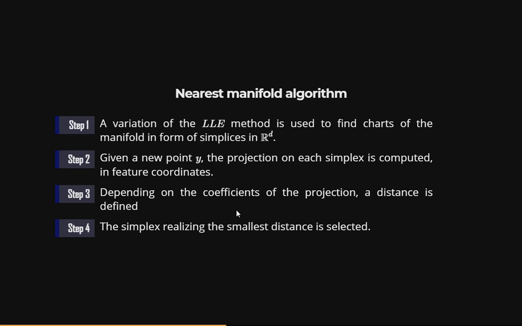Now, this gives a way to work in local coordinates for adding a new point to your space. So you have a new point, a new data point, you find the closest simplex, and then you work in the coordinates of that simplex. You project on that simplex and work there.